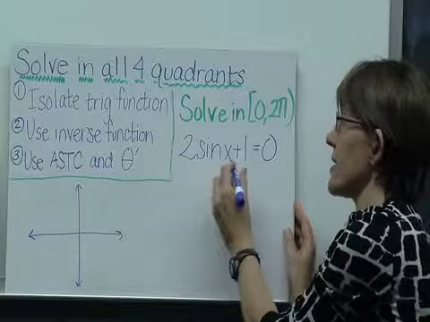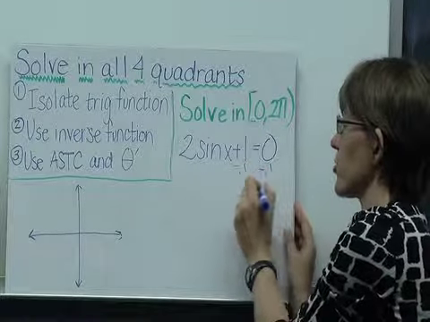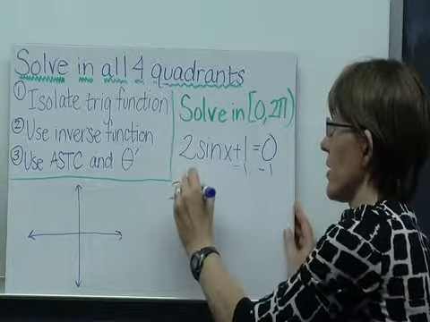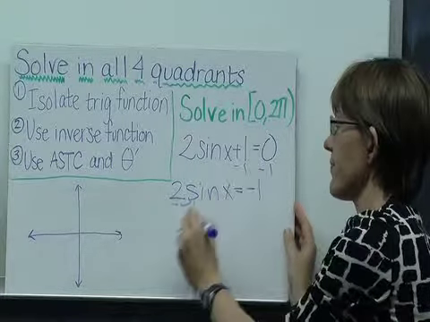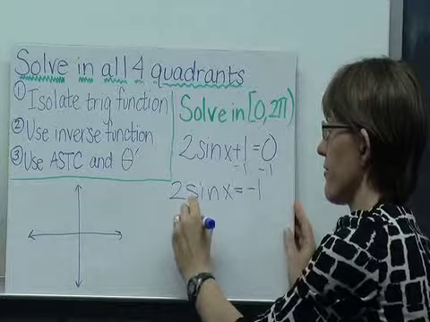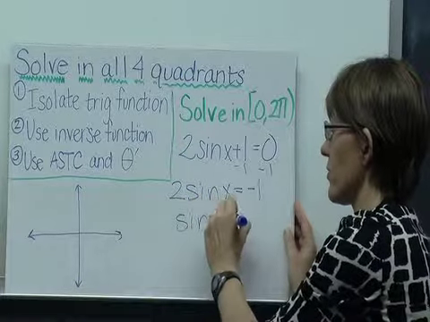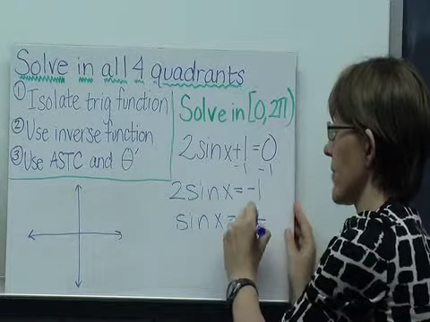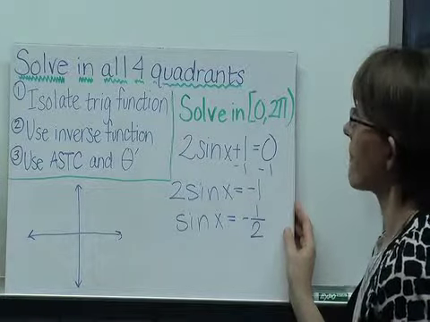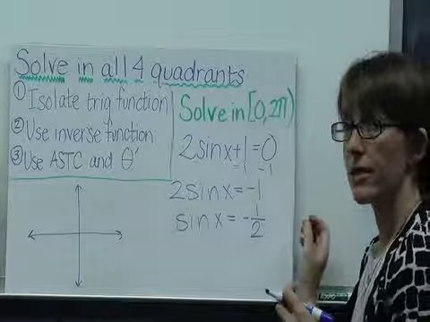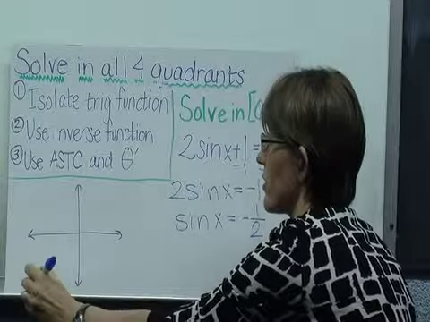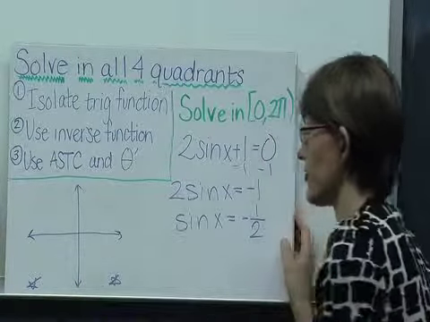I'll start by isolating the trigonometric function. I'm going to subtract 1 on both sides. I have 2 sine x equals -1. That tells me that sine of x is equal to -1/2. Okay. Now, I know that since the sign has to be negative, I'm either in quadrant 3 or in quadrant 4.